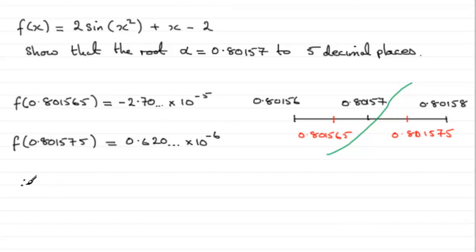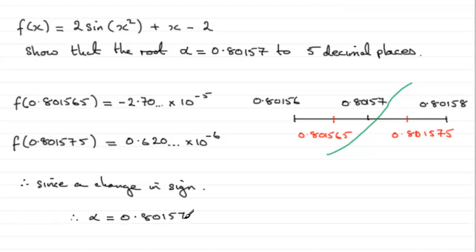So therefore, since there's a change in sign, we can say that therefore alpha, that root, equals 0.80157 to 5 dp, 5 decimal places. And that's how I'd answer that question.